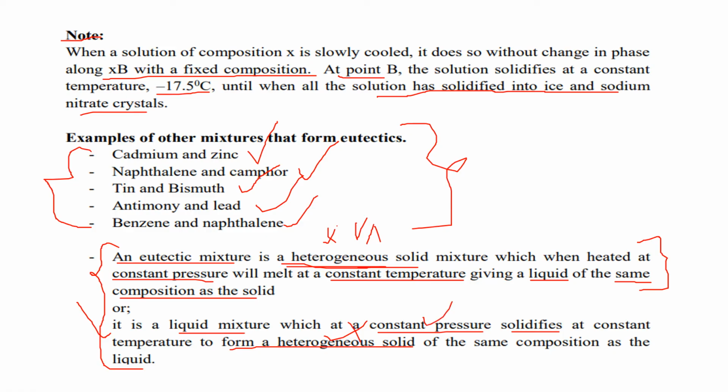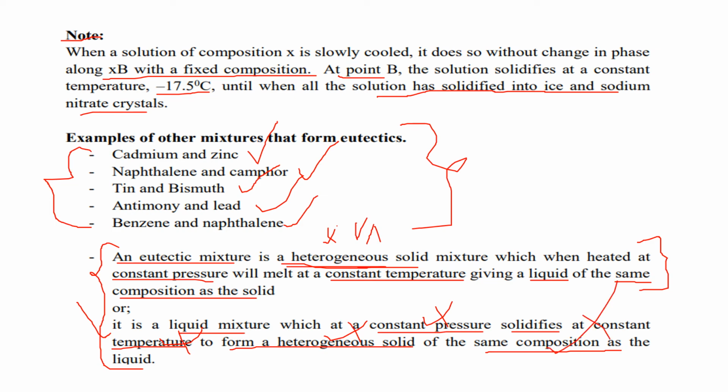Also constant pressure and constant temperature must be included, because these conditions we need specifically for this topic of physical chemistry. And then we are saying to form a heterogeneous solid, and you also need to see the words same composition, so make sure that you include them.